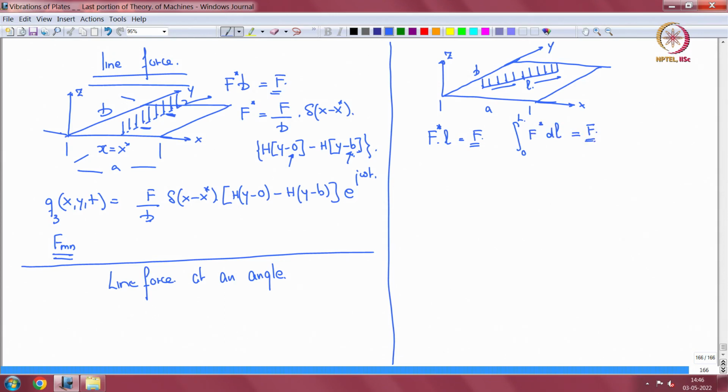But in actuality, when I compute my Fmn from my Q3, what do I get? One of the integrals is 0 to a dx. It is an integral along x.